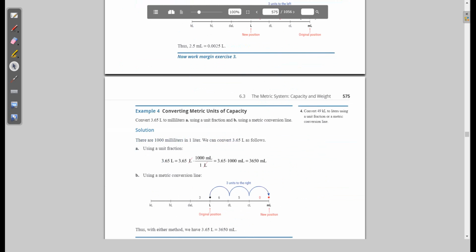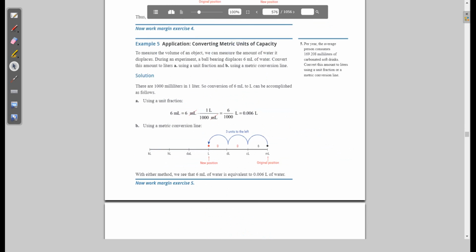But this is backwards, mainly to show how we move the decimal. Okay, so in order to get from milliliters to liters, we need to move our decimal point 3 places to the left, and so we go from 2.5 milliliters, we move that decimal point 3 to the left to get to 0.0025 liters. Okay, so again, the whole point of that is just to be able to move that decimal point and really fully understand how that's done.